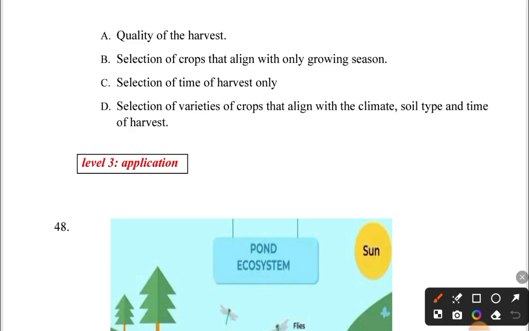So A, quality of the harvest. B, selection of crops that align with only growing season. C, selection of time of harvest only. D, selection of varieties of crops that align with the climate, soil type, and time of harvest. The answer to question 47 is D.